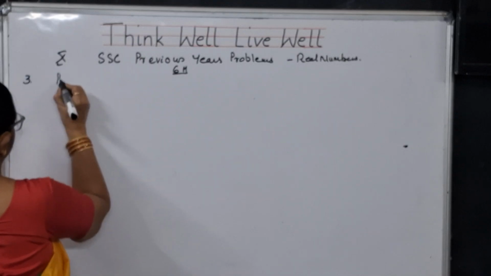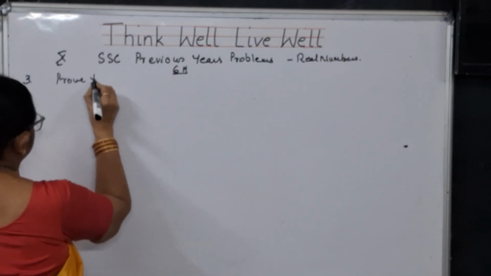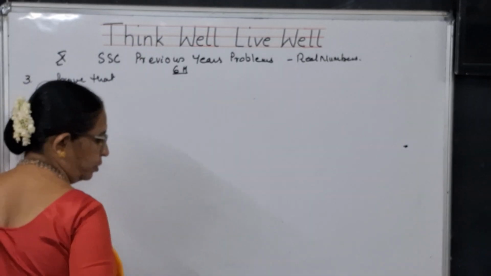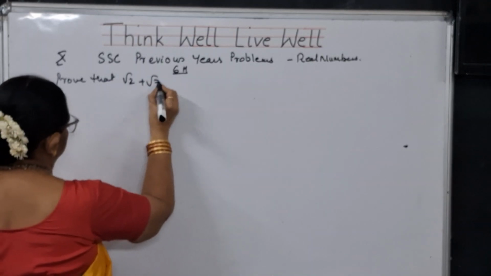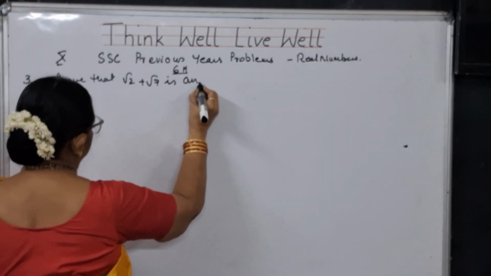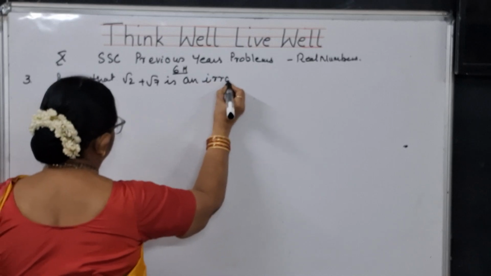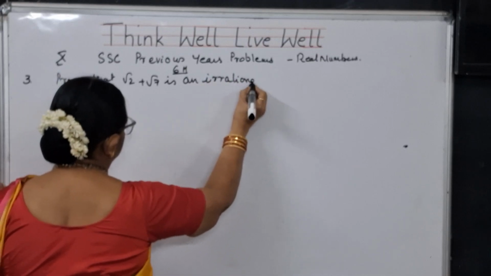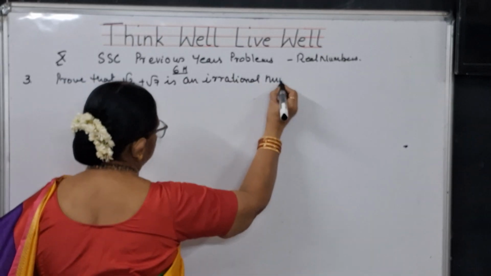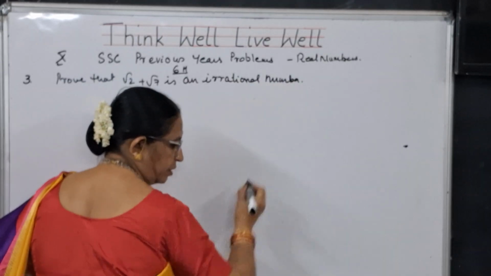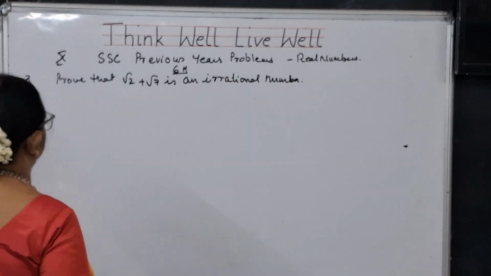The third one is: prove that root 2 plus root 7 is an irrational number. You have to prove that it is an irrational number.